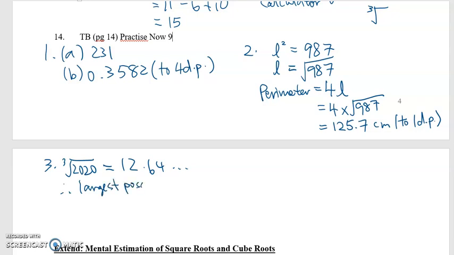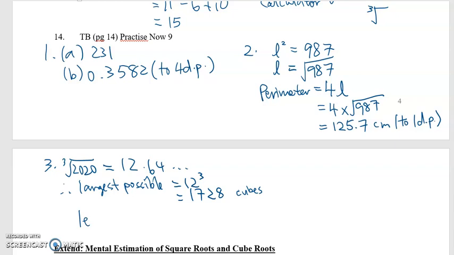So the largest possible is 12 cube, which uses 1728 cubes. So the largest possible makes use of 1728 of these 1 centimeter cubes to form a cube.